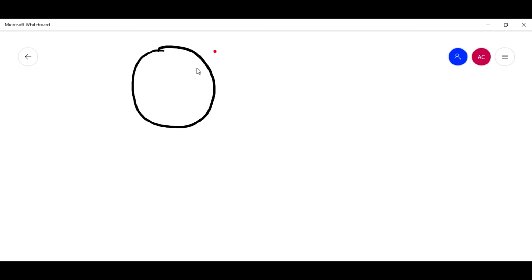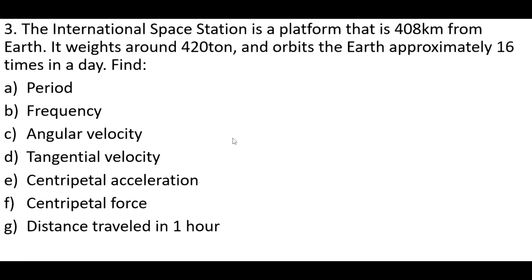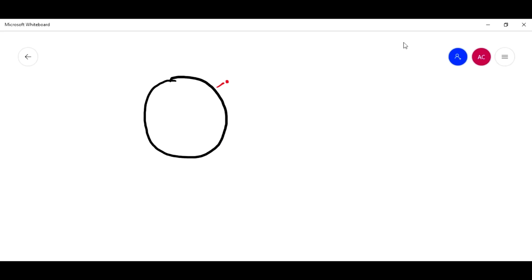Let's say that the International Space Station is over here and this will be the height. That will not be the case because I'm going to consider the whole circle, all this distance, like the radius.